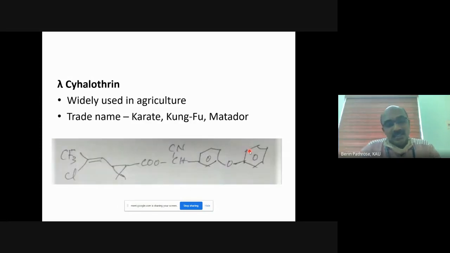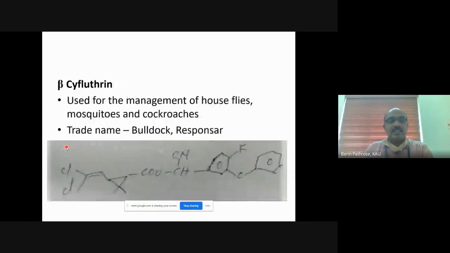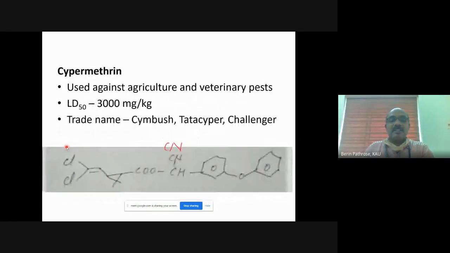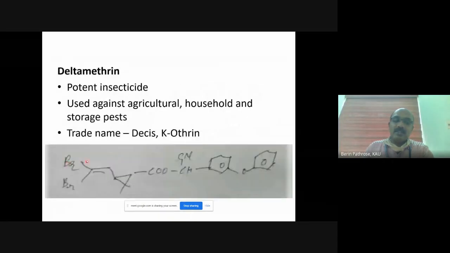Coming to the next one, lambda cyhalothrin. In lambda cyhalothrin, the difference from the cypermethrin molecule is that we have a CF3 over here. So if you study the structure of cypermethrin, then deltamethrin is pretty easy. The only difference is chlorine is replaced with bromine.